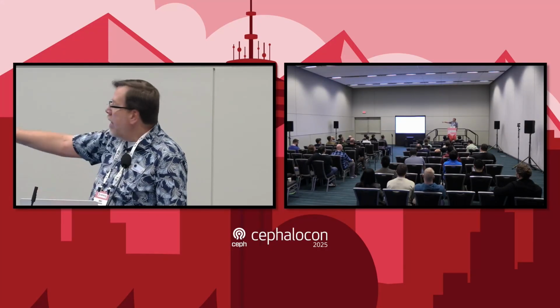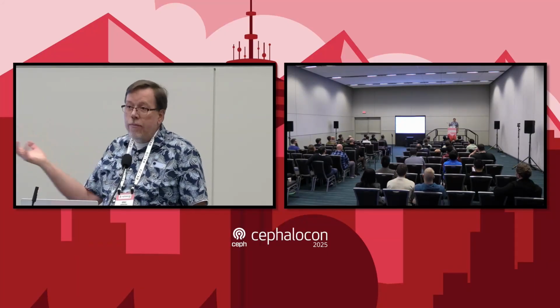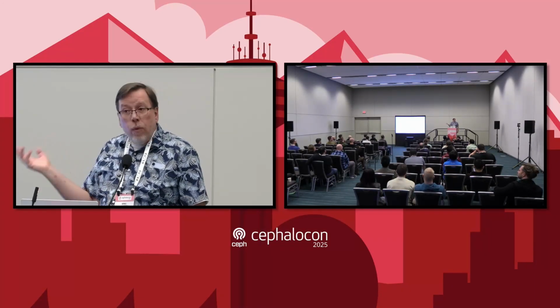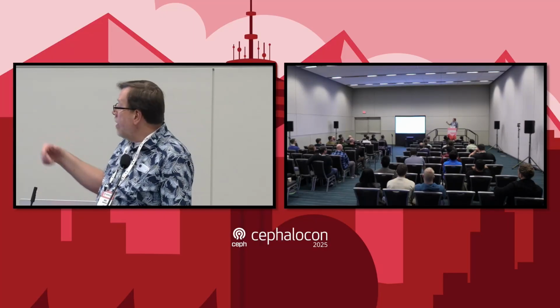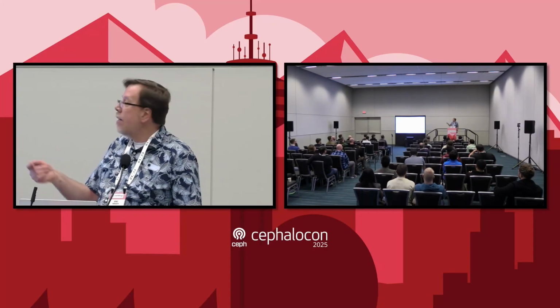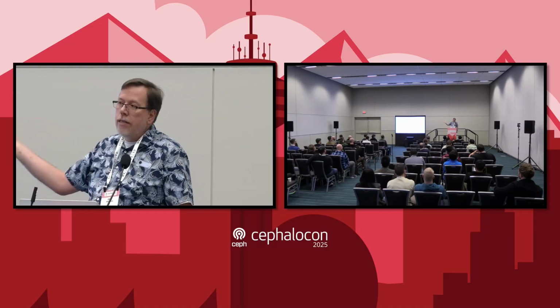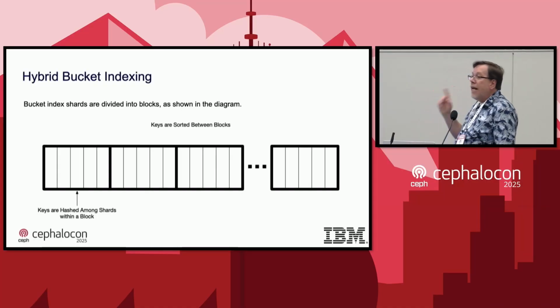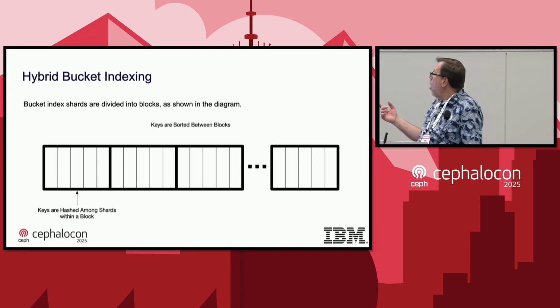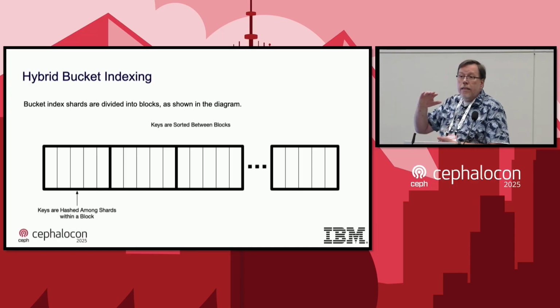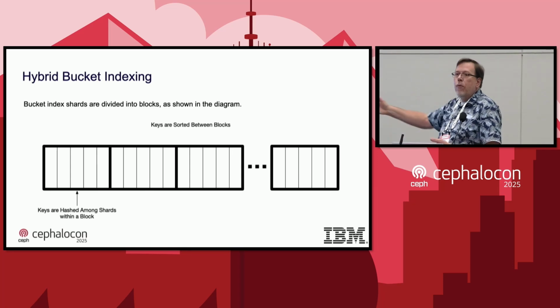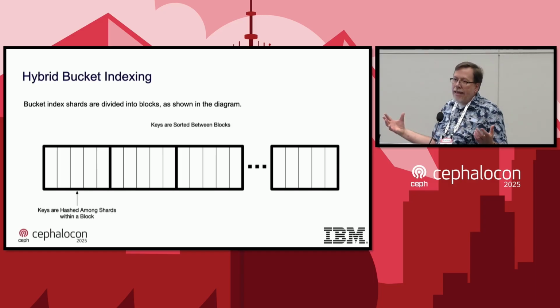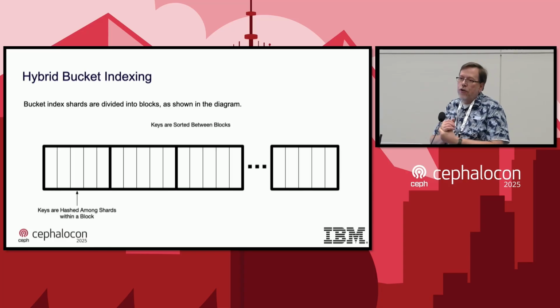Then within a block, we would use a hashing scheme to divide objects between those shards. This helps address the hotspot issue, in that different objects will go onto different shards within a block. The other advantage is that as far as the bucket instance object goes in the OMAP, we only have to maintain the cut points between the blocks, not between the shards. So now we can expand that space even further. But again, this will not be an initial implementation. That's just something that we have in our back pocket if we need it.